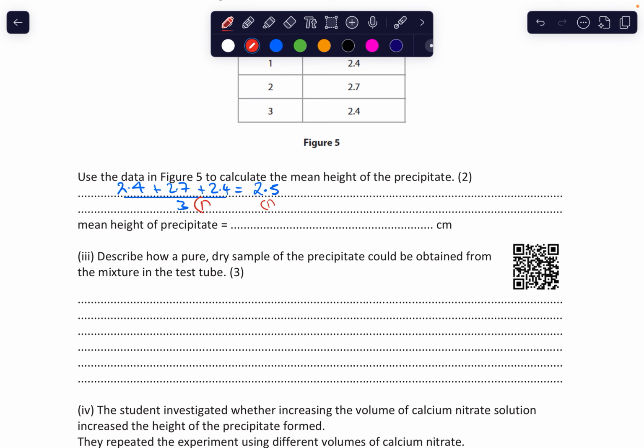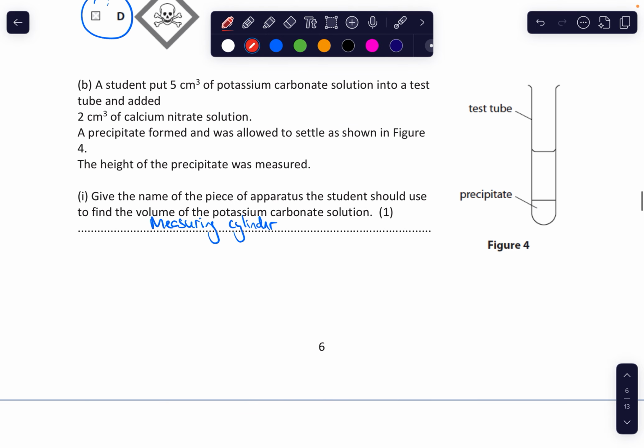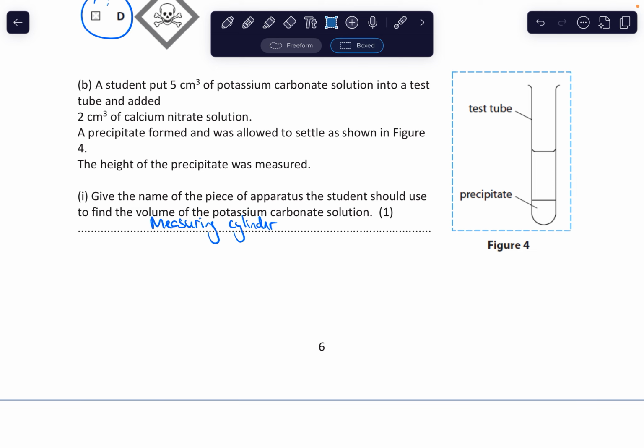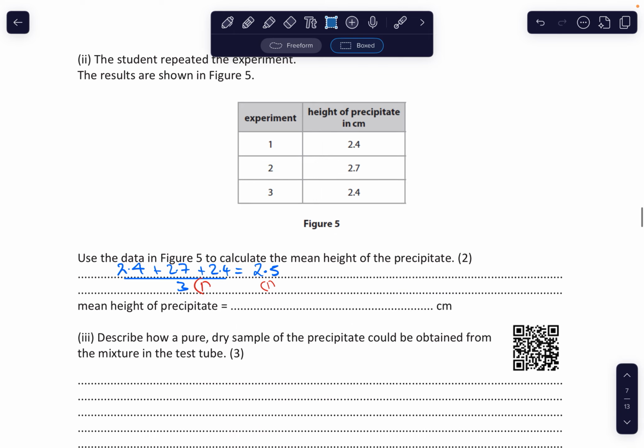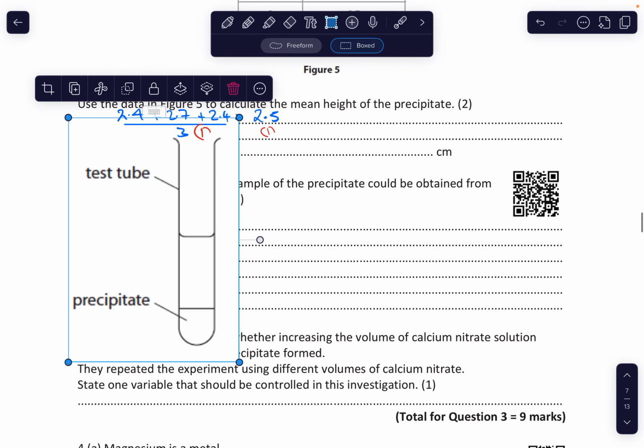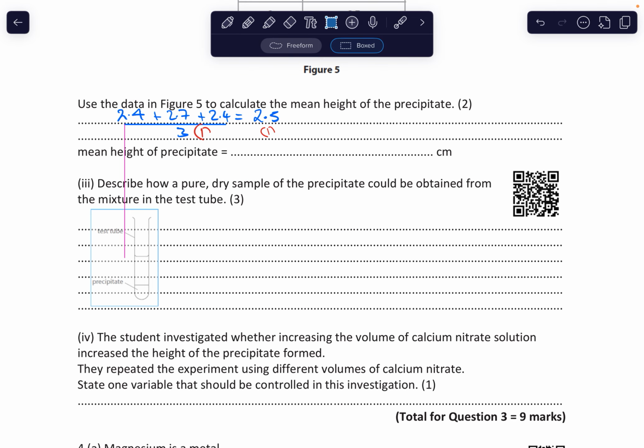Describe how a pure dry sample of the precipitate can be obtained. Okay, so let me just take this image here, and I do want to copy it. Let's copy it. And I'm just going to paste it here, and then I'm going to make it small so it fits into the space.